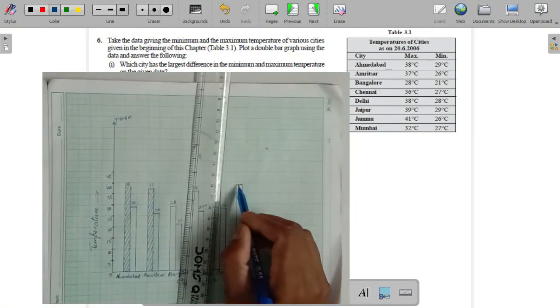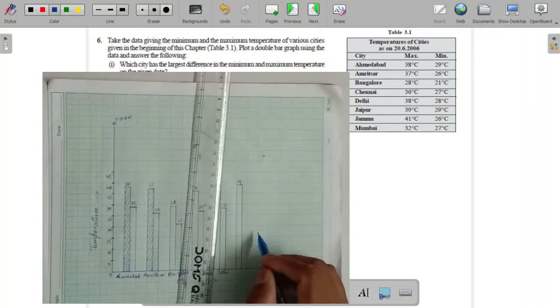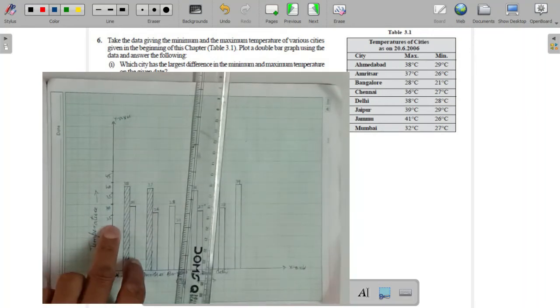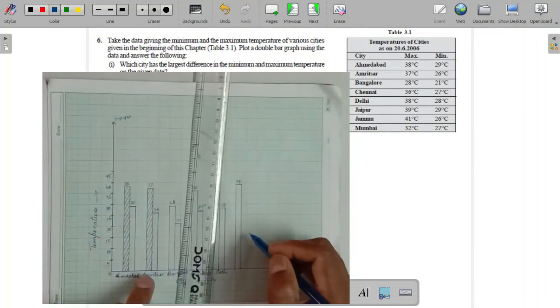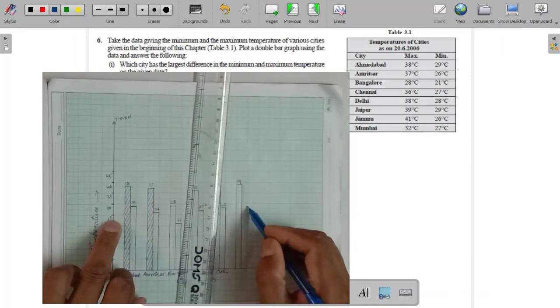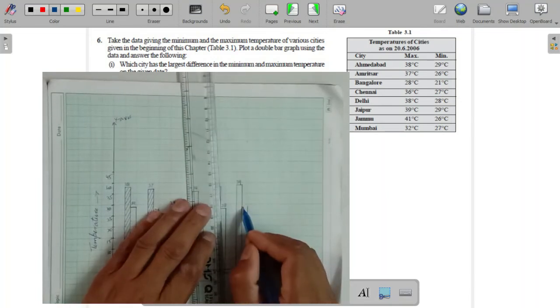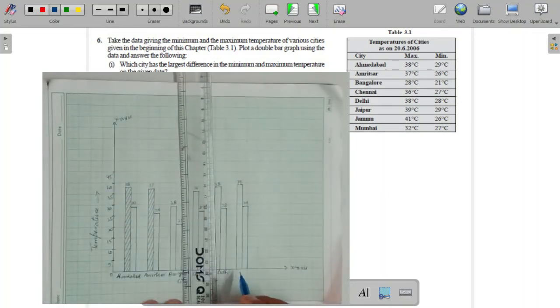Join this. This is 39. Then minimum temperature it is 29. After 25, you have to take 8th line. Join this. It is 29. Write down 29. And below, write down Jaipur.